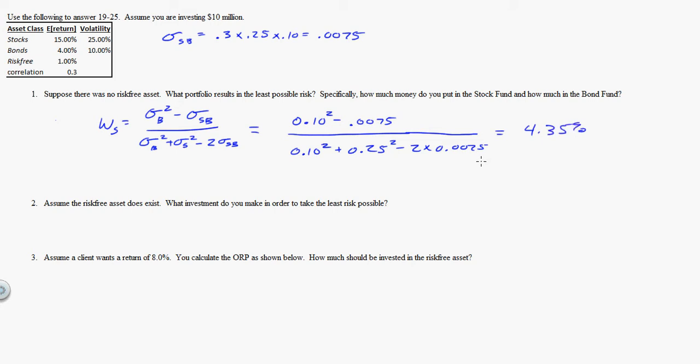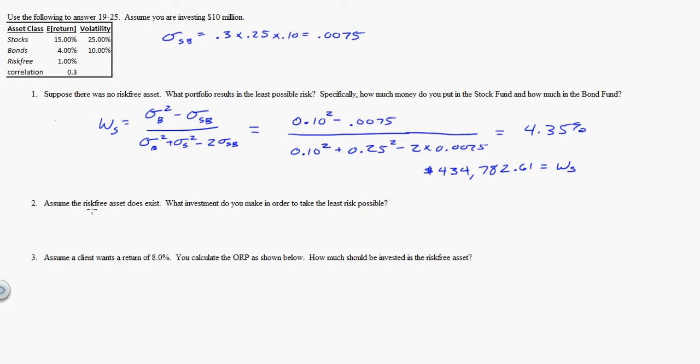And how much in dollar terms? Well, there's some decimals there. If I multiply this answer by 10 million, I will have $434,782.61 in the stock fund, and then the remainder, 10 million minus that number. I won't write it down. 10 million minus that number is what goes in the bond fund.